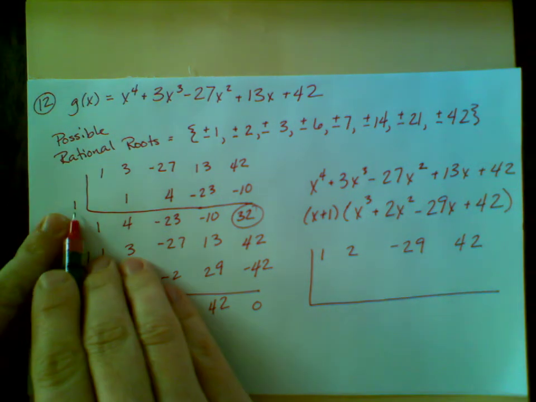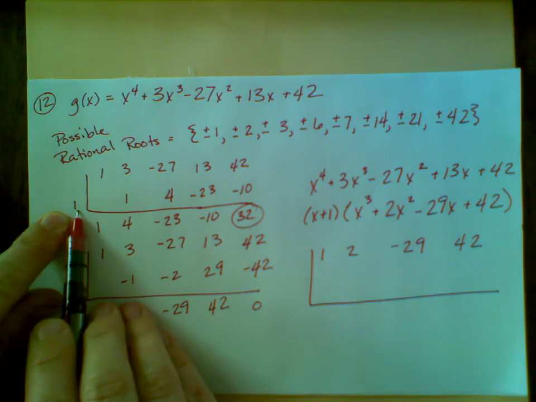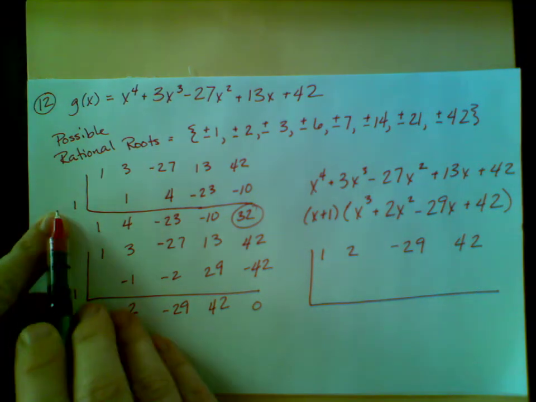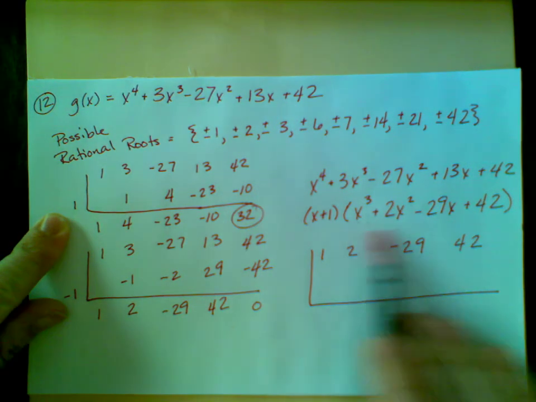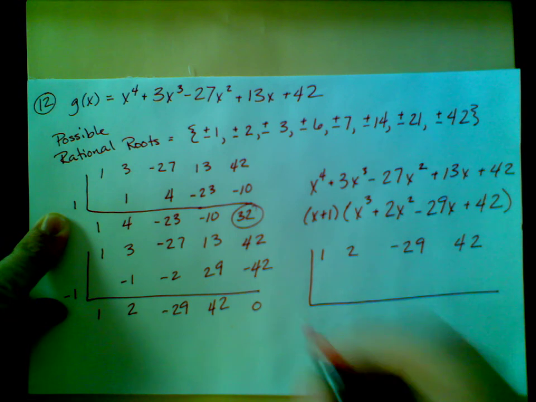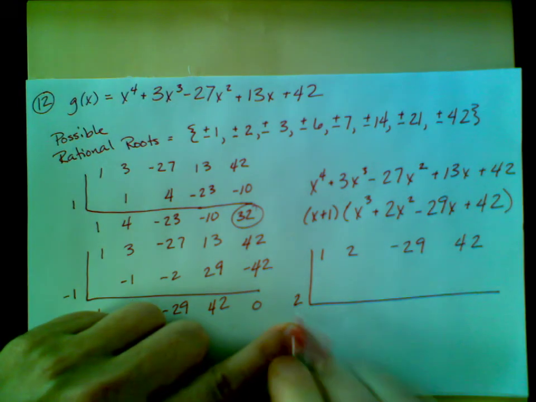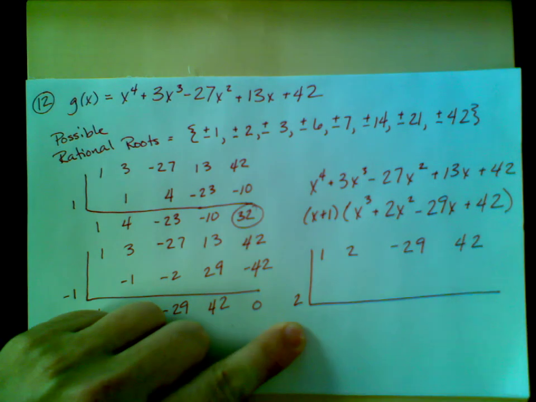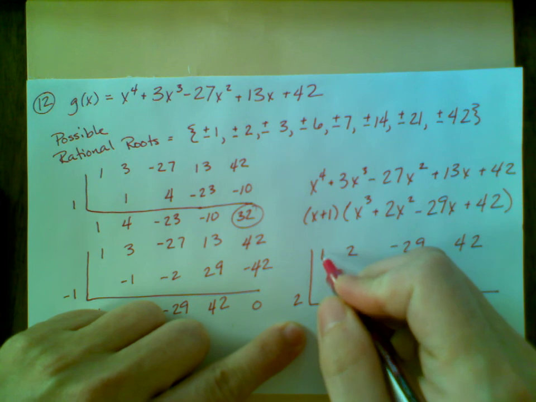Now there's no reason to try 1 because if 1 were a root, then x minus 1 would be a factor of that, which means x minus 1 would be a factor of this, and well, it's just not. So let's go ahead and try 2. That was the next possible thing in our list of possible rational roots.